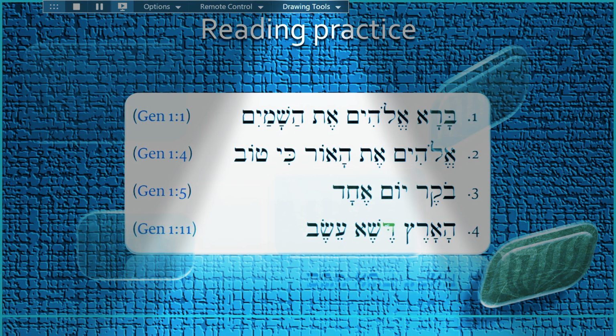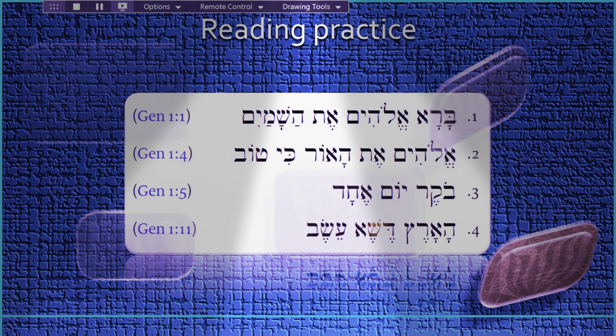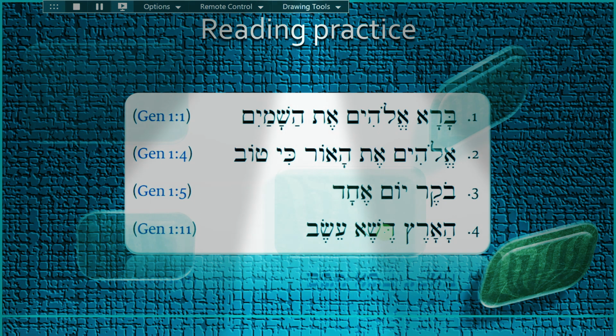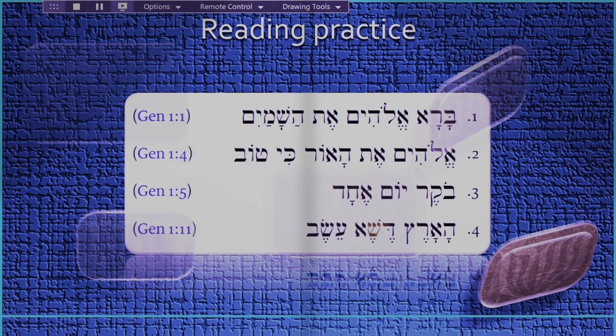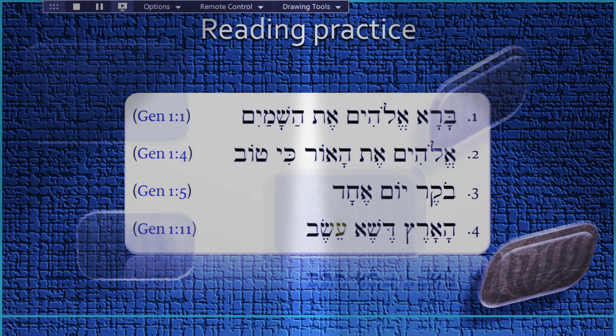Deshe. Notice the dot is on the right, so it's a sheen, not a seen. It's a sh. Deshe, which is like grass or green things. Read the last word.